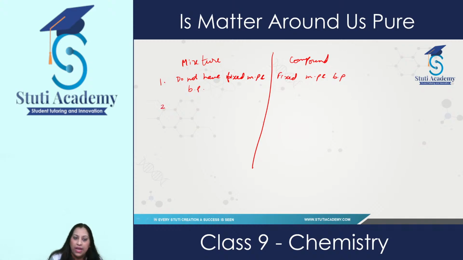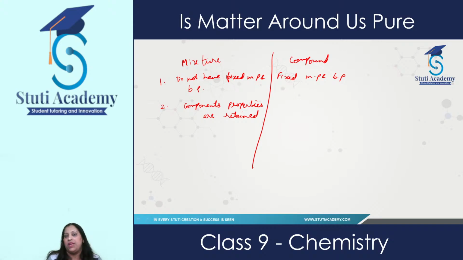And the second is that constituent particles retain their properties. Whatever components are present in a mixture, their properties are retained. They will not lose their properties. For example, when you mix salt or sugar in water, you can easily taste sugar and salt in the water.